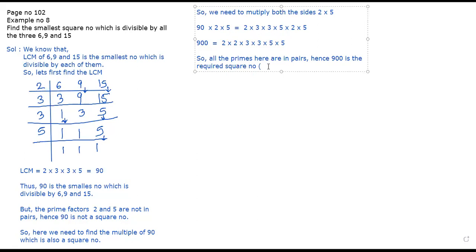Because 90 was divisible, its multiple will also be divisible. Yes or no? Yes, sir. All the primes here are in pairs, hence 900 is the required square number which is divisible by 6, 9 as well as 15. Yes or no?